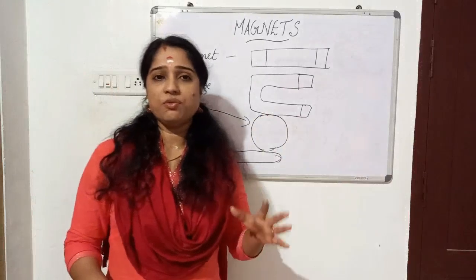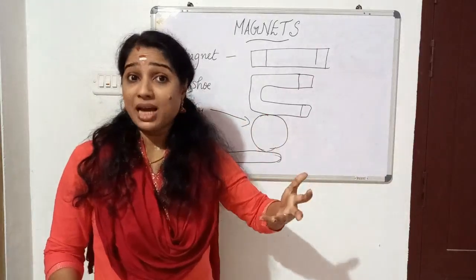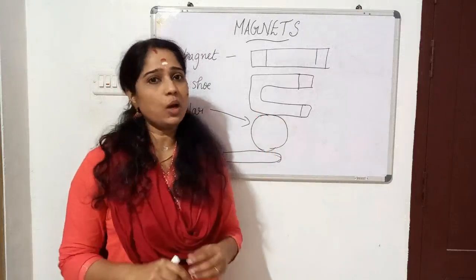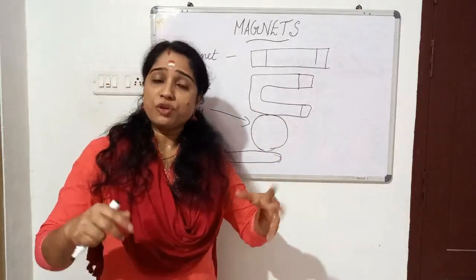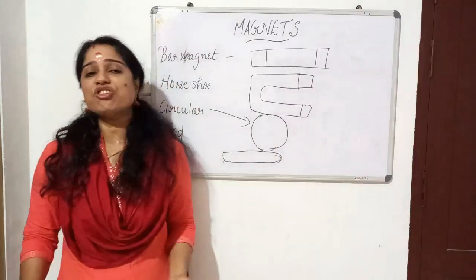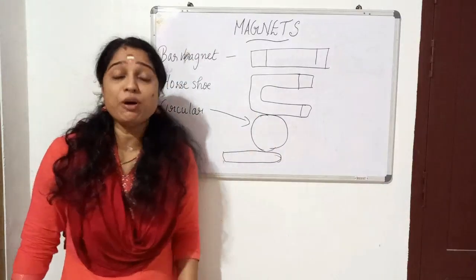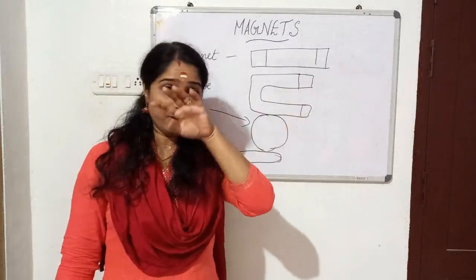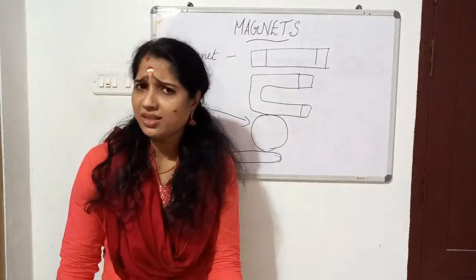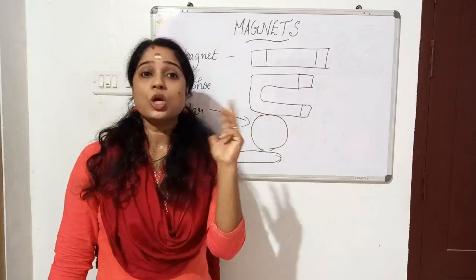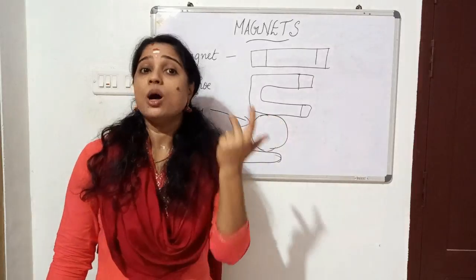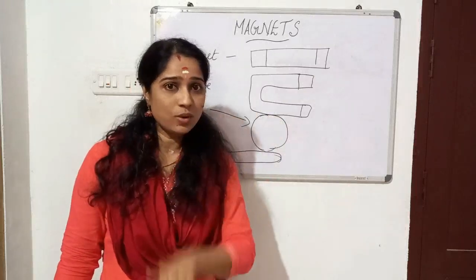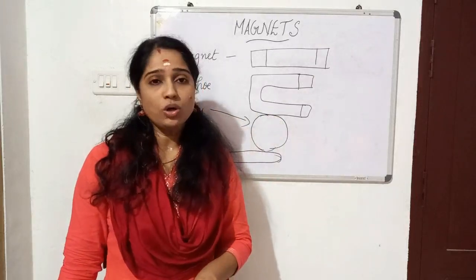So to avoid that, they are using big magnets to separate the iron materials from the waste. So depending upon the use, the size and the shape of magnets we are using also changes. For that, four different types of magnets are there. What are they? Bar magnet, horseshoe magnet, then circular magnet, last one a rod magnet.